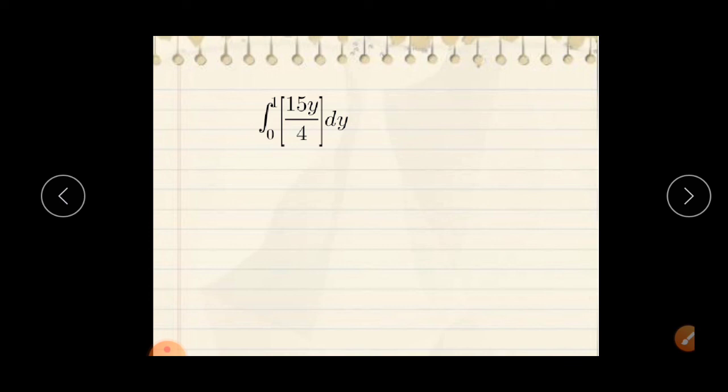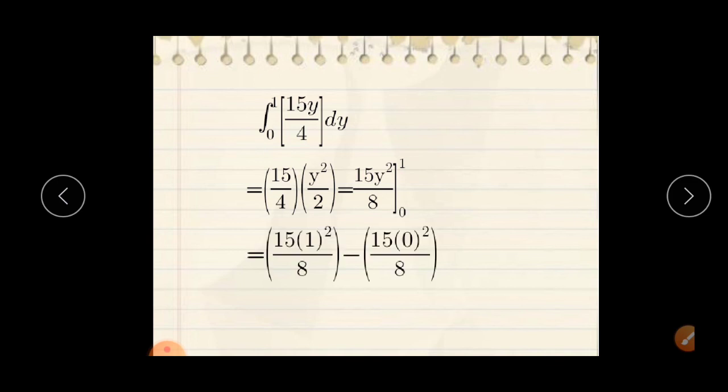The antiderivative of y is y squared over 2. So 15 over 4 times y squared over 2 gives 15y squared over 8, and we evaluate it from 0 to 1. So we have 15 times 1 squared over 8 minus 15 times 0 squared over 8. So the final answer is 15 over 8.